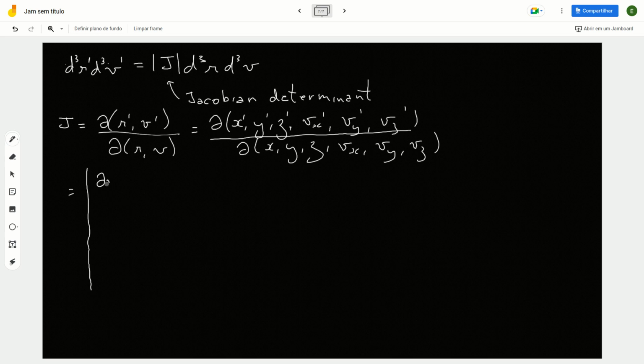It's the derivative of x prime in relation to x, then y prime in relation to x, and everybody in relation to x.